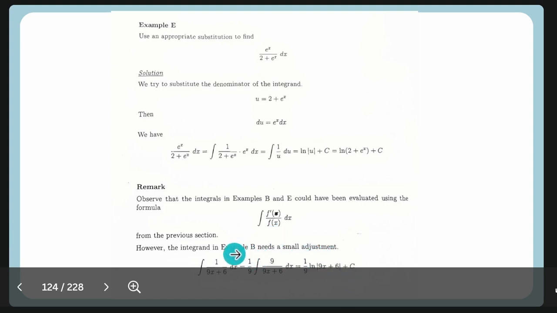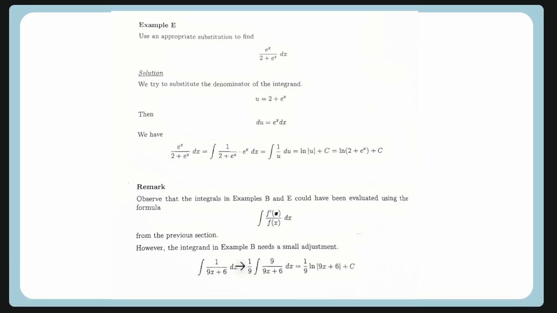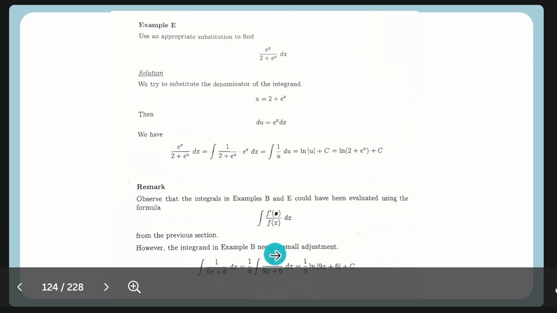So we know that 1 over 9x plus 6, if we put 1 over 9 as a constant outside, and you have your 9 at the top over 9x plus 6, dx. We can see that the numerator is the derivative of the denominator. So it's 1 over 9 ln of 9x plus 6 plus c.